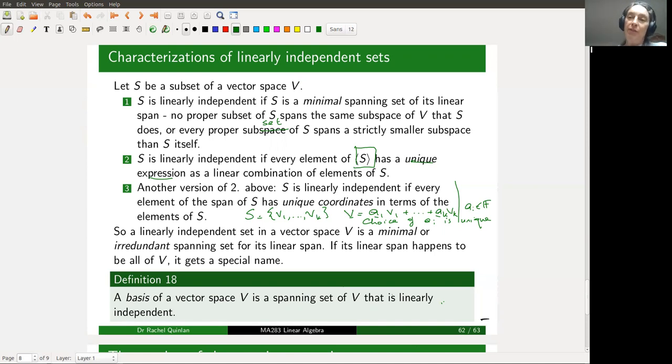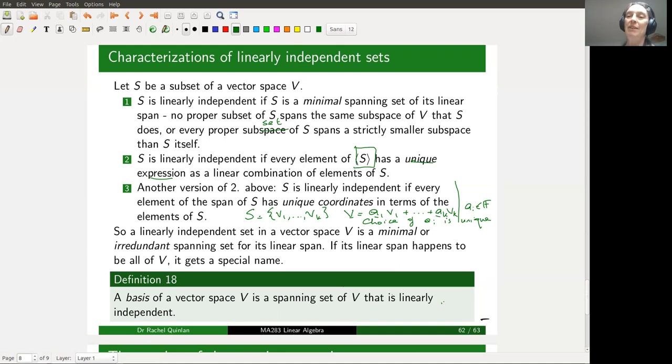So somehow every vector space, no matter how abstract it is, if it's spanned by some finite linearly independent set, its elements can all be interpreted as just being ordinary column vectors with entries from the field. And those entries are the coordinates of that vector with respect to the particular spanning set. Okay, so a linearly independent set in a vector space V is a minimal or irredundant spanning set for its linear span.